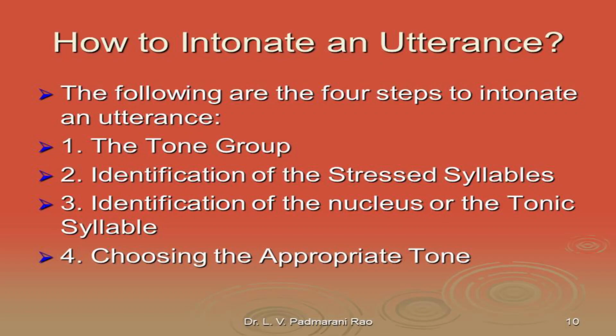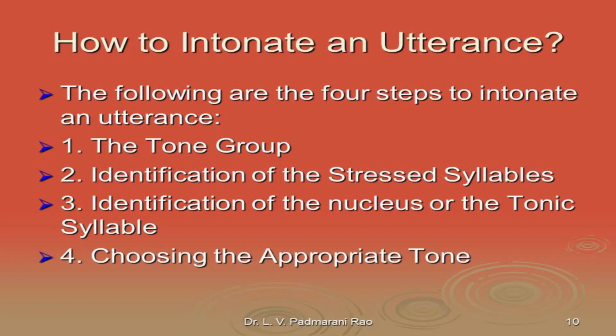Each tone group will have the stressed syllables, and the identification of the stressed syllables is the second step. As discussed already, the content words like nouns, verbs, adjectives, and adverbs, along with the interrogative pronouns and the demonstrative pronouns, are stressed. While the grammatical words or the structural words like articles, prepositions, conjunctions, pronouns, and helping verbs remain unstressed.